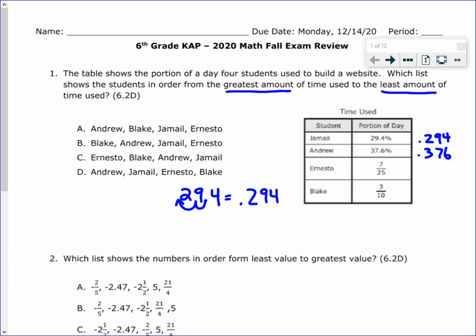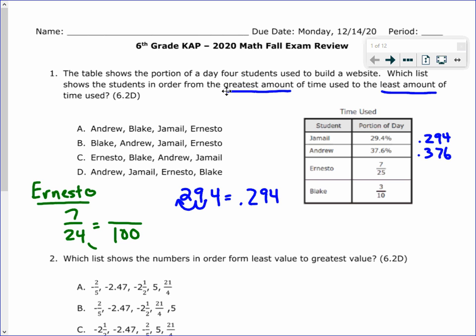Ernesto, we need to find an equivalent fraction over 100 because then we can change it to a decimal. So an equivalent fraction over 100 will be times 4. Oh, no, I'm sorry, 25.